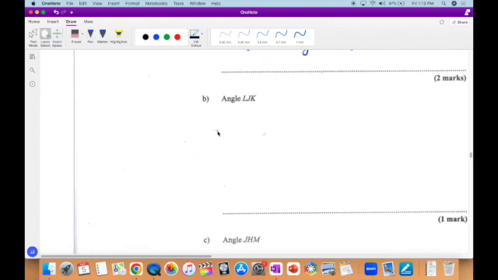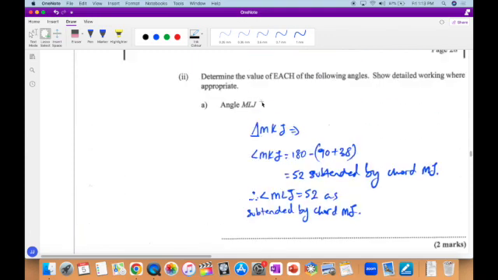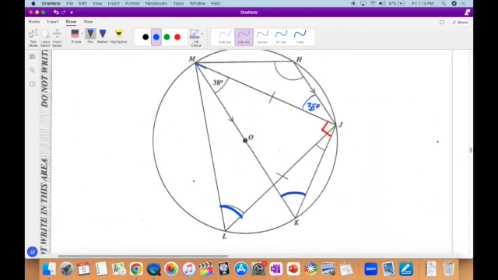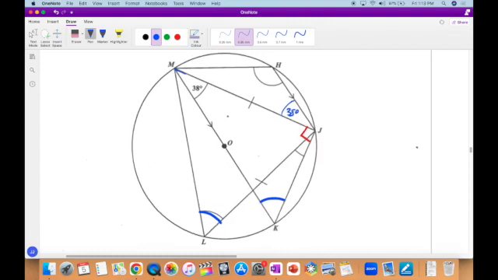So now we want LJK. We saw that this is 52. We saw that this is 52. Now we want LJK. This little guy here. That is what we want now.